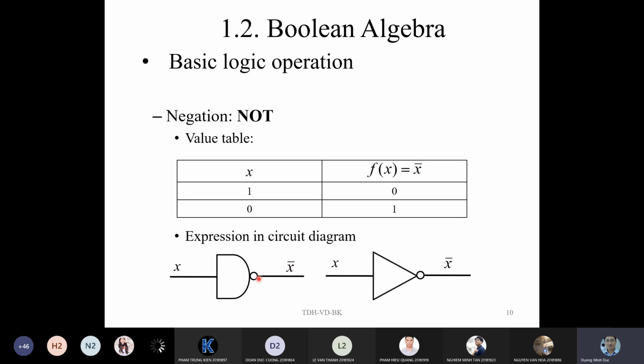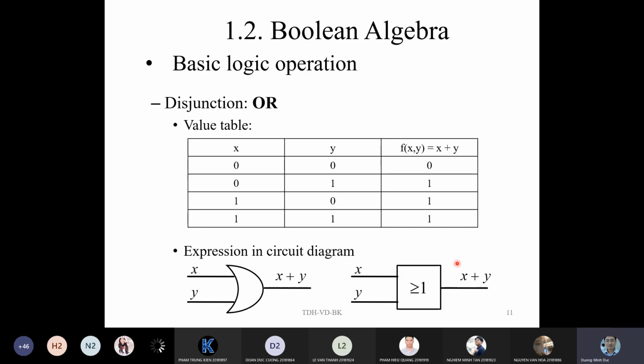Please remember, it has a small ring here. The small ring in the symbol of a circuit diagram normally represents negation. This is for the one-variable logic operation called negation.